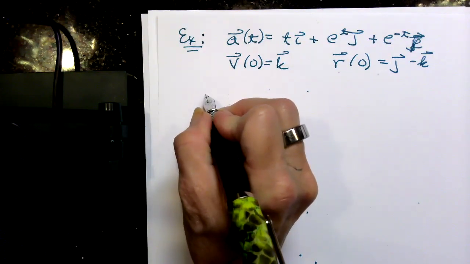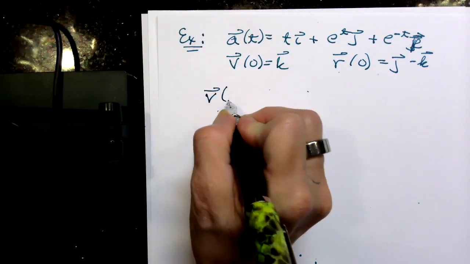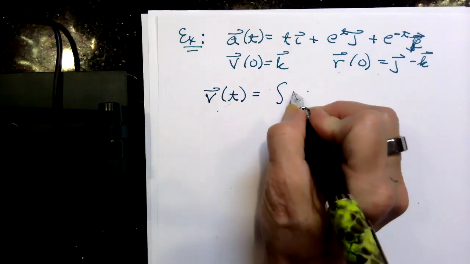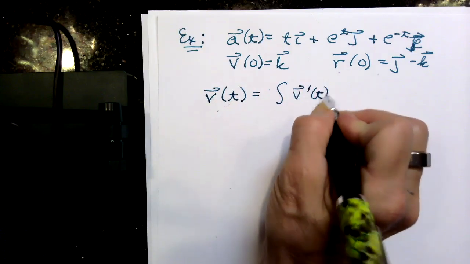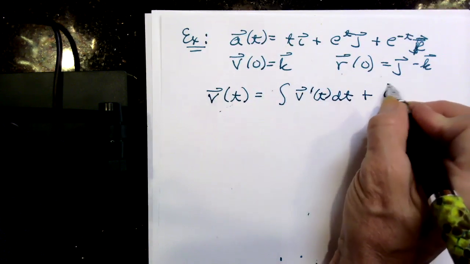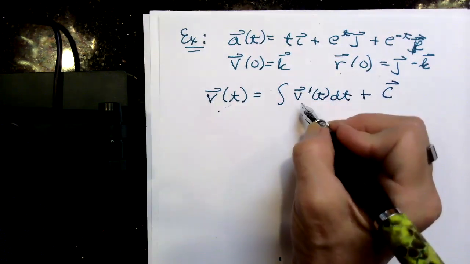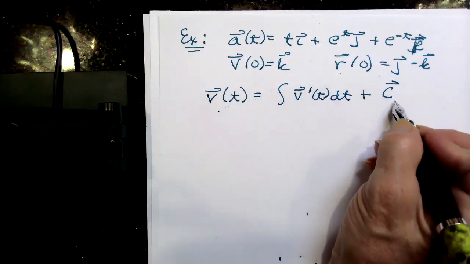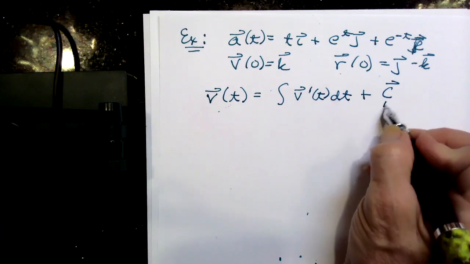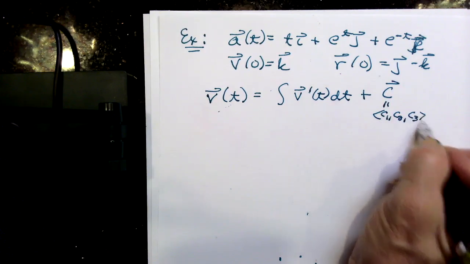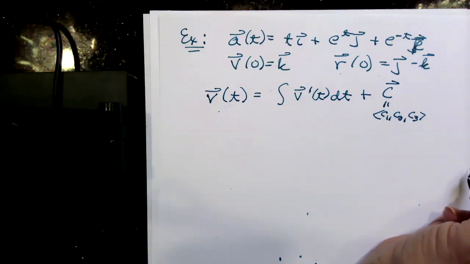So what do you need to remember? You need to remember that the fundamental theorem of calculus says that if you integrate the derivative of the function, you get back the function up to a constant, except this is a vector. So the constant you're adding here better be a vector. So I'm going to think of this as a vector with constants C1, C2, and C3 in its components. Okay?